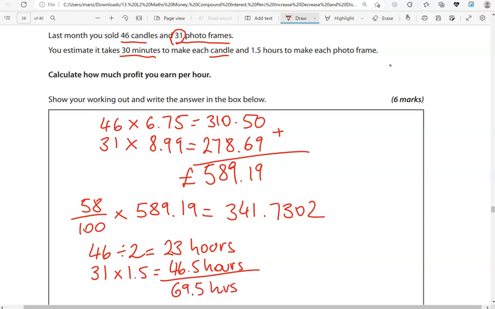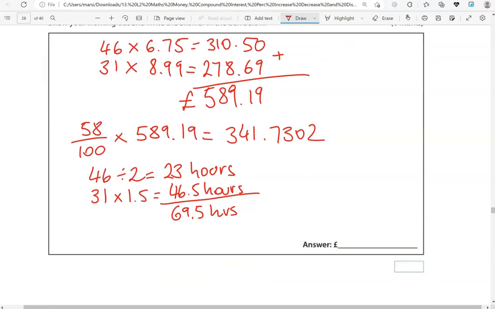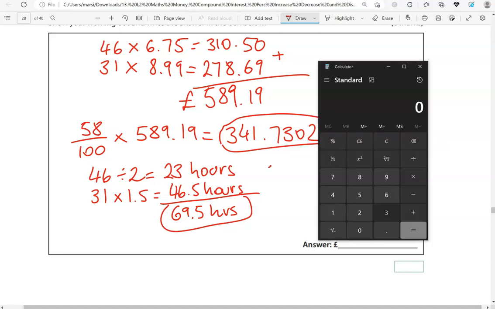So if we divide the profit by 69.5, it should give us profit per hour. So 341.7302 divided by 69.5 gives us 4.92.